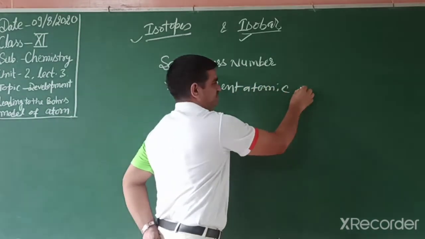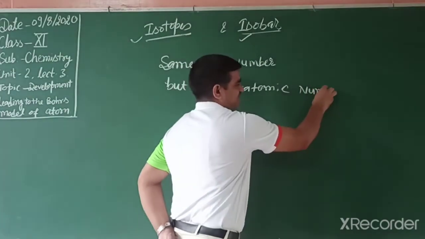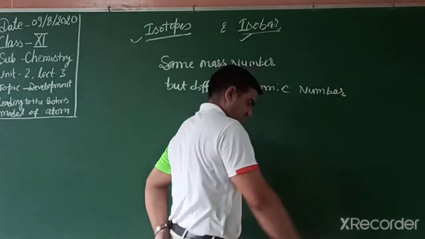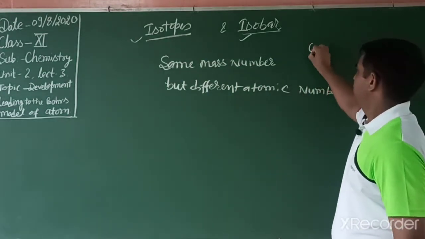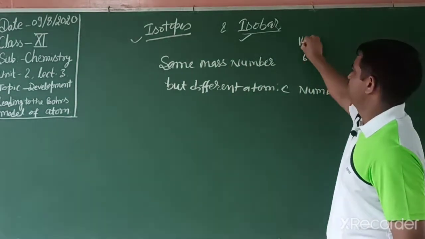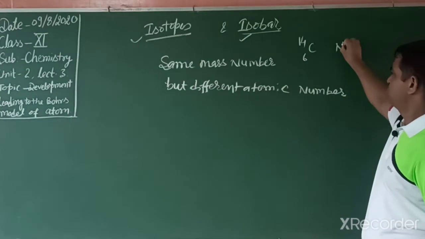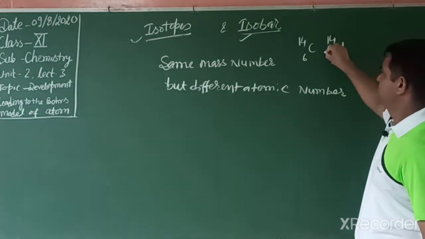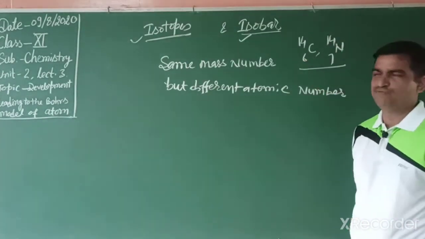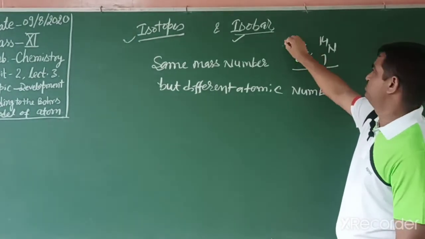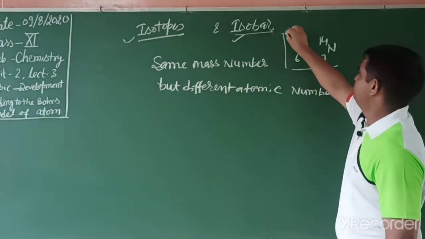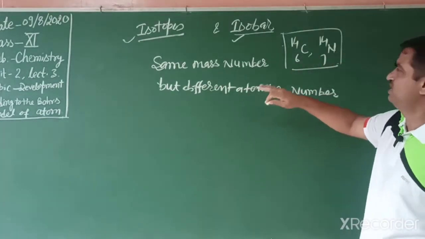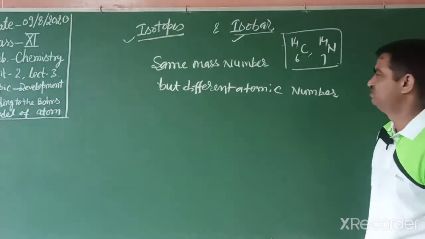So the elements are different. For example, we can take carbon-14 and nitrogen-14. These are two examples of isobars because both have the same mass number 14, but the elements are different. Carbon is separate, nitrogen is another one.